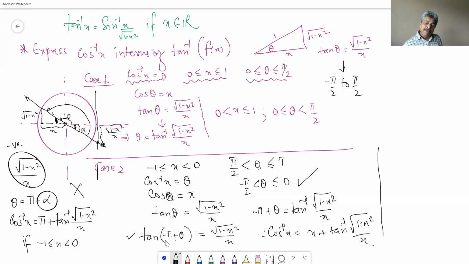Maybe you can try pi minus theta, but tan of pi minus theta is not tan theta, it is minus tan theta. So that is also not acceptable. Minus pi minus theta is also minus tan theta. So out of 4 trials, only one will survive.